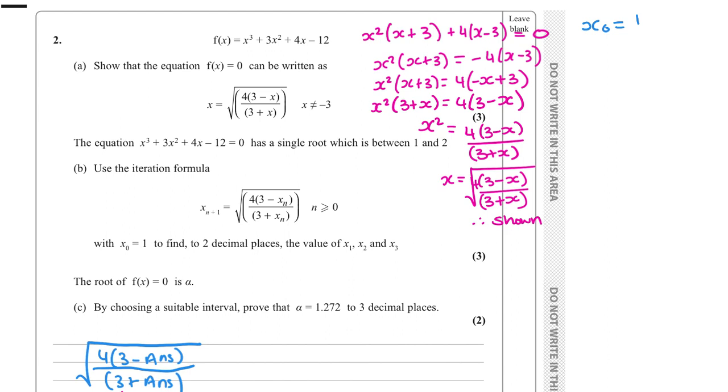So square root fraction 4 bracket 3 minus ans over bracket 3 plus ans. That is exactly what I'm going to write in my calculator. Press equals and it gives me root 2. So x1 equals root 2. It wants 2 decimal places, so S-D is 1.41. Press it again.